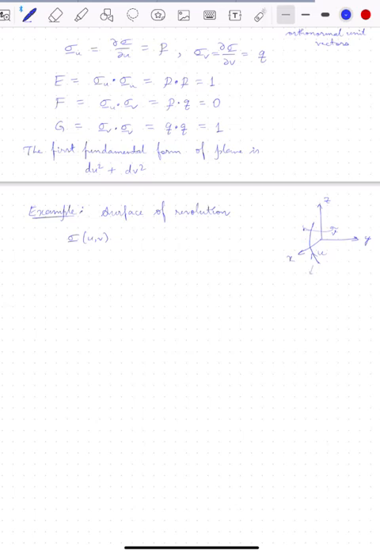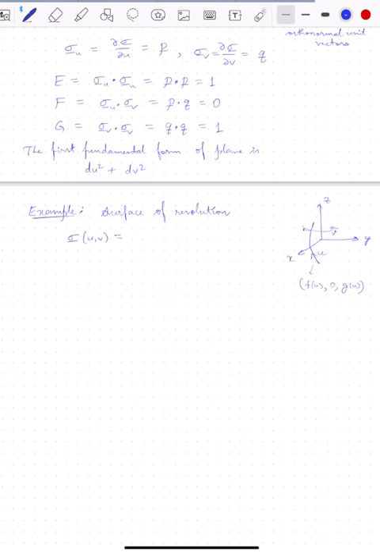So the profile curve expression is f of u, comma, and there is no y component. The y coordinate of this profile curve is 0. So you have 0, and then you have g of u. Once you rotate it about this z-axis, then you have this surface of revolution.